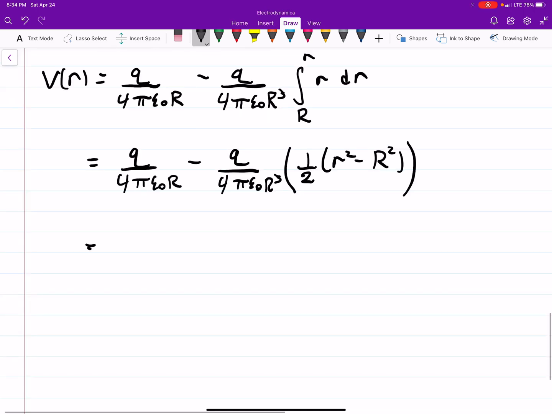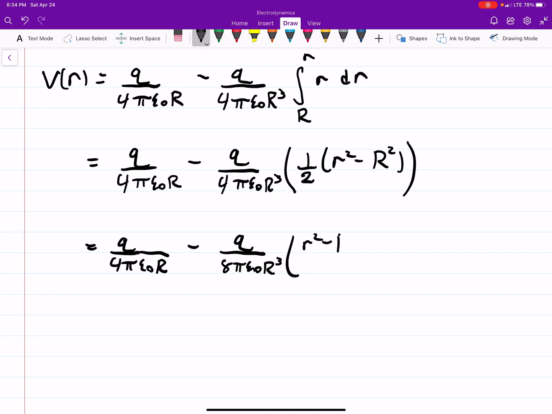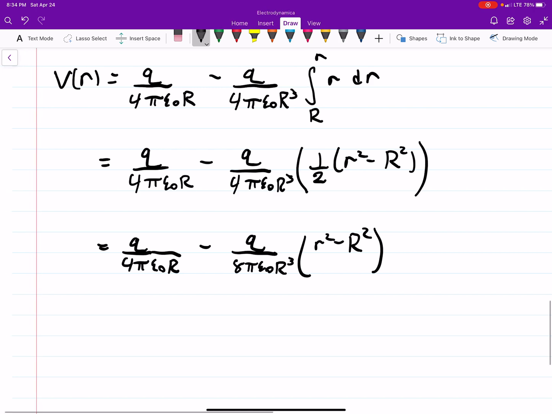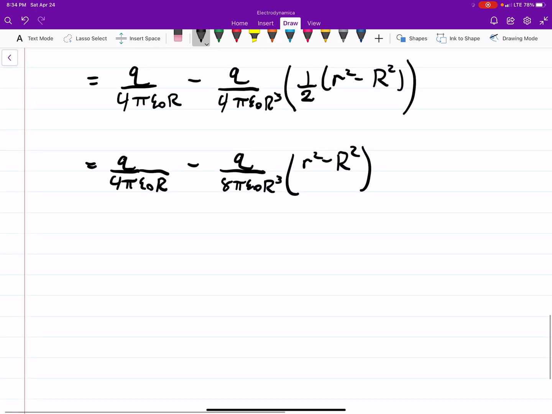You can factor out the 1/2, and you get 8 pi epsilon naught R cubed, r squared minus big R squared. You can try to factor out anything you might have in common. So let's see, every term has a Q and a 4 pi epsilon naught R. And you'll be left with 1 minus 1 over 2 R squared.